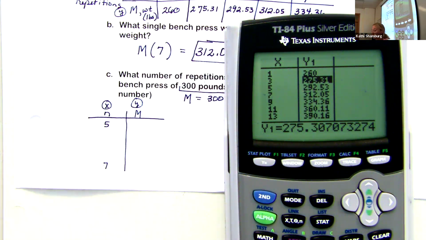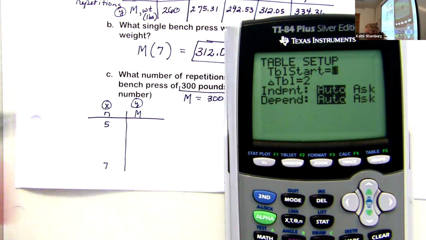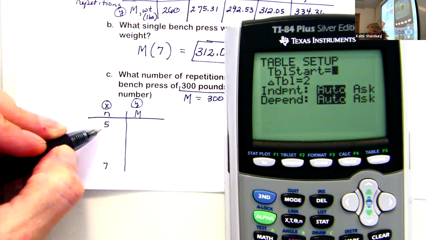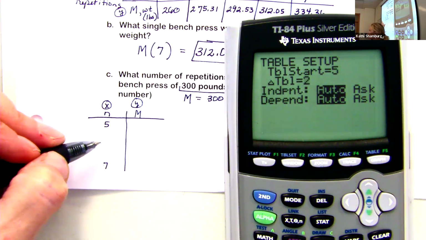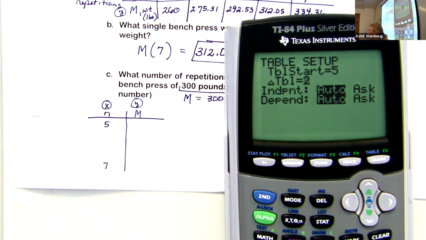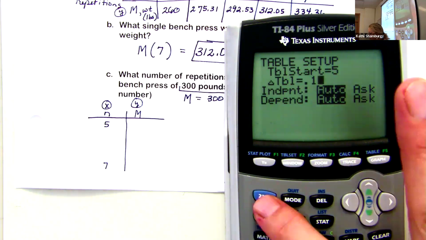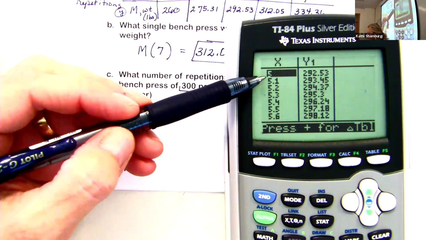I'm going to go to my table set. So second table set. Now I'm going to start at 5. Now we went by 2s. You could go by 1s, but that's still probably not narrow enough. So I'm going to go by 0.1. Once I change the table set, my equation is still in there. So I go second table and notice how it starts at 5.